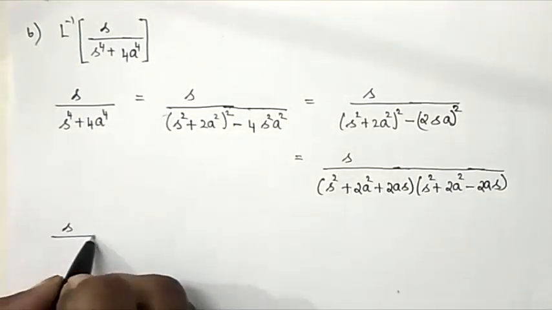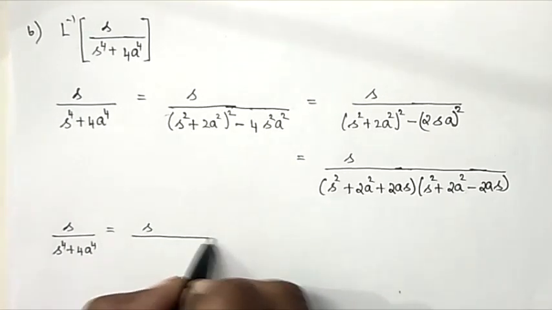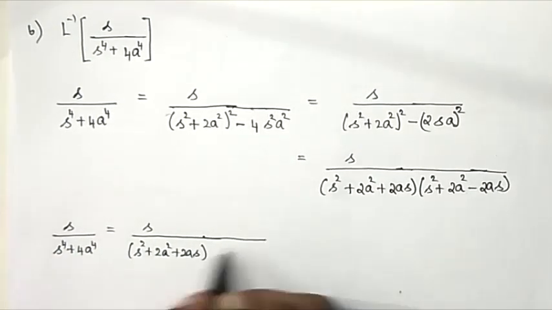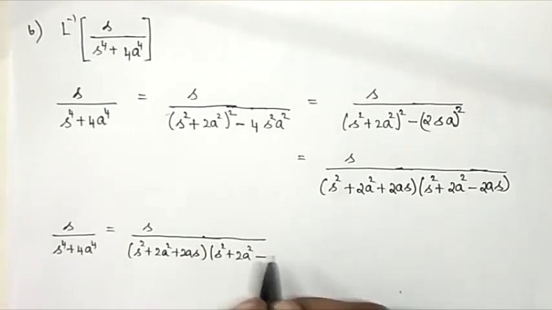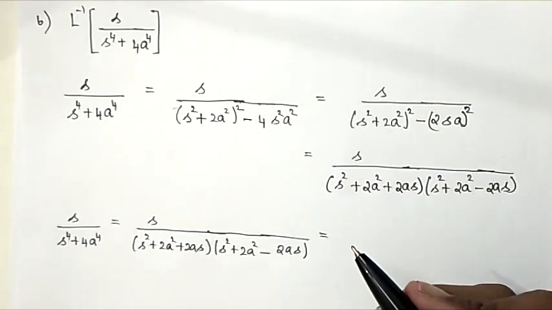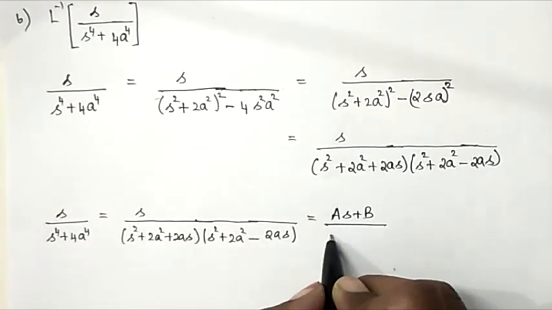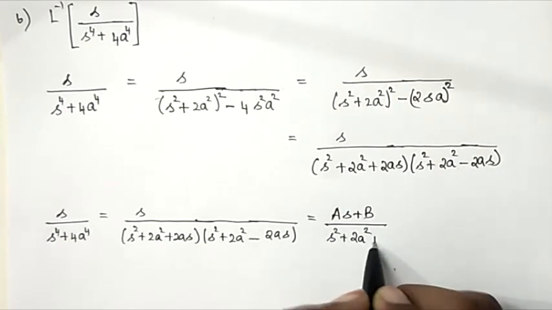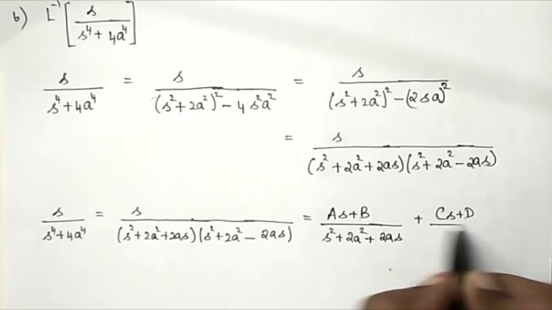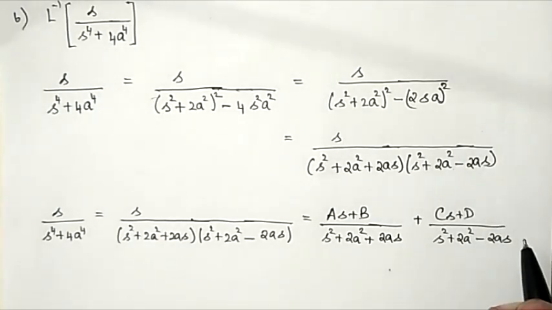So s divided by s power 4 plus 4a power 4 is now equal to s divided by s square plus 2a square plus 2as into s square plus 2a square minus 2as, and the partial fractions for this is written as As plus B divided by s square plus 2a square plus 2as plus Cs plus D divided by s square plus 2a square minus 2as. So I have split this as partial fractions.